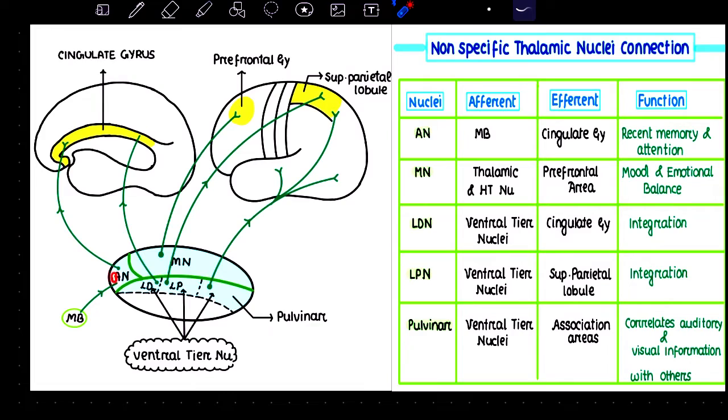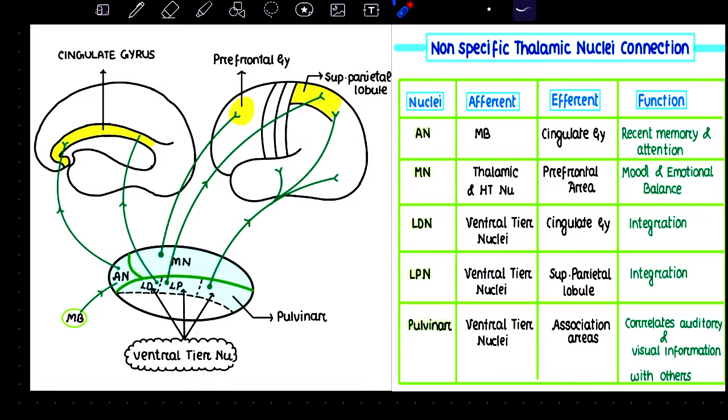The anterior nucleus will receive afferent from the mammillary body. As they receive afferent from the mammillary body, what will they do? They will send efferent to the cingulate gyrus.